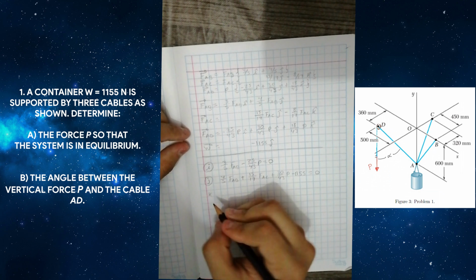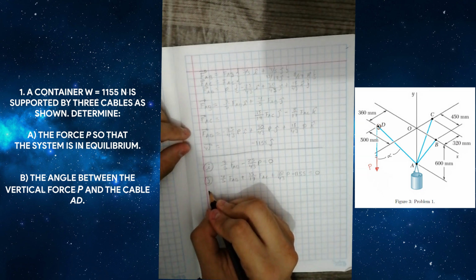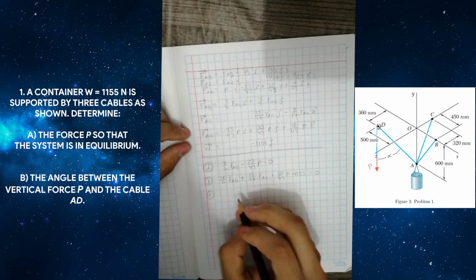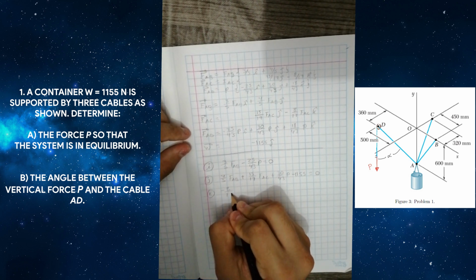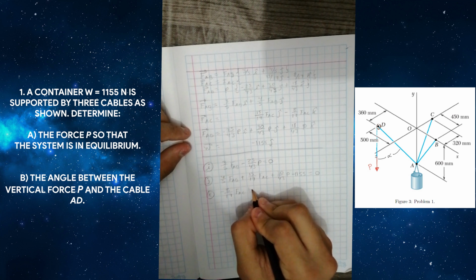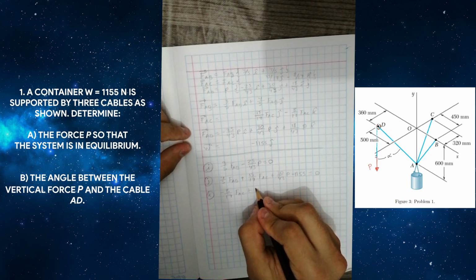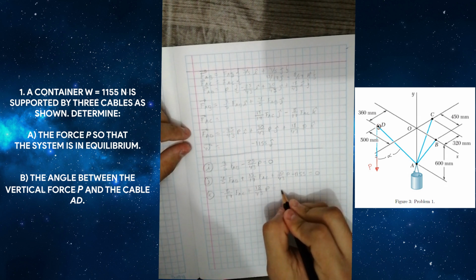The last ones are the terms of k, that is minus 8 over 17 the force AC plus 18 over 43 P equal to 0.